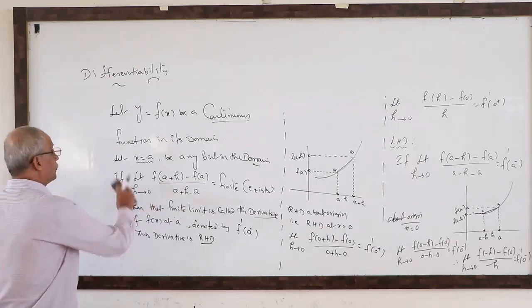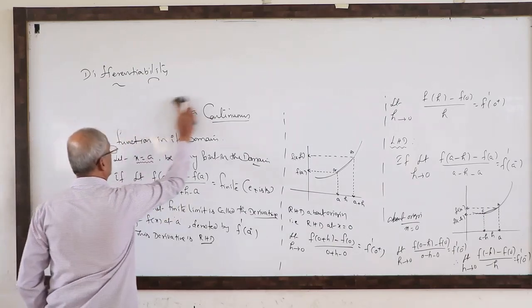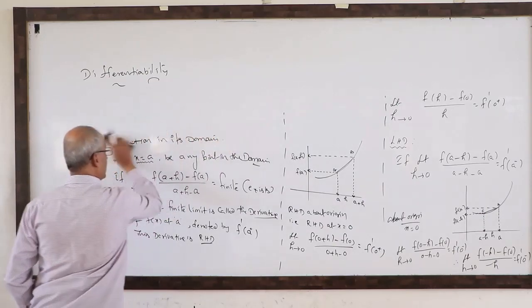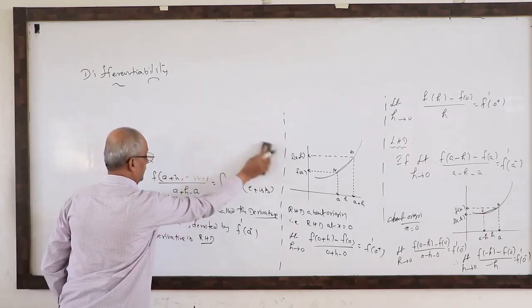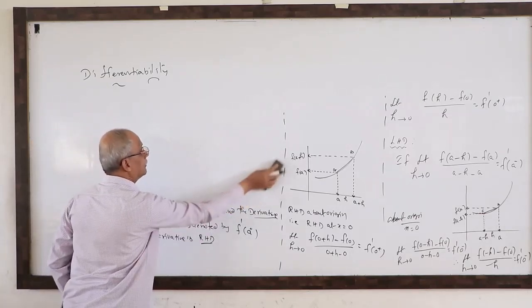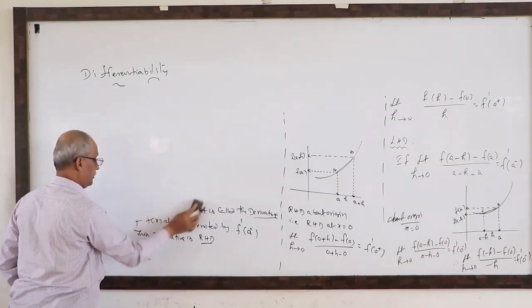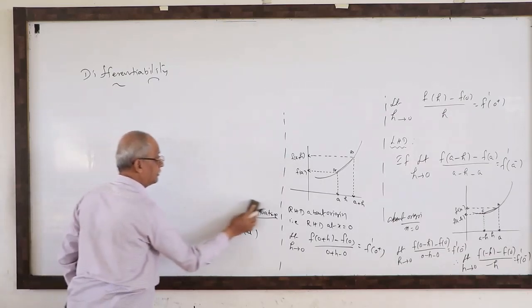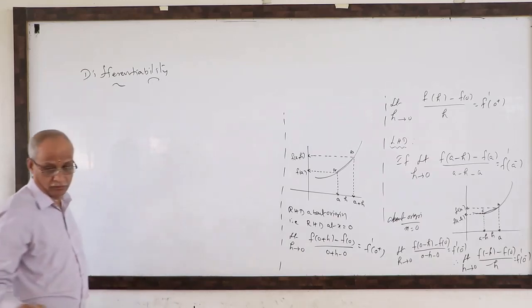With these two, what do we write as the conclusion? If left equal to right, then we say the derivative is possible.